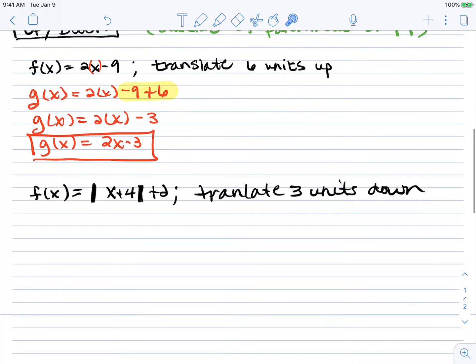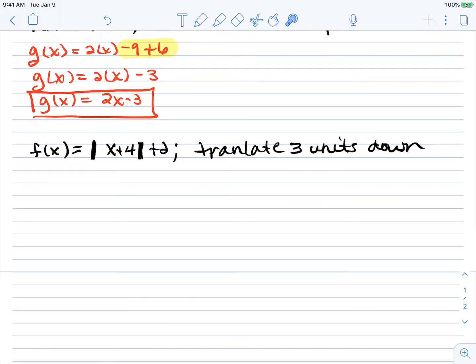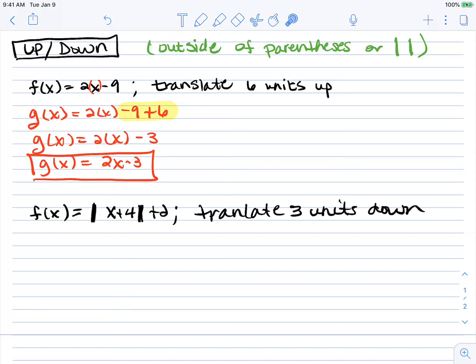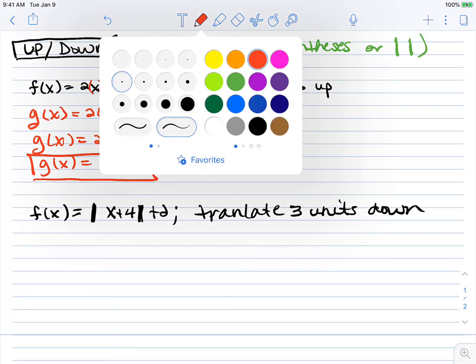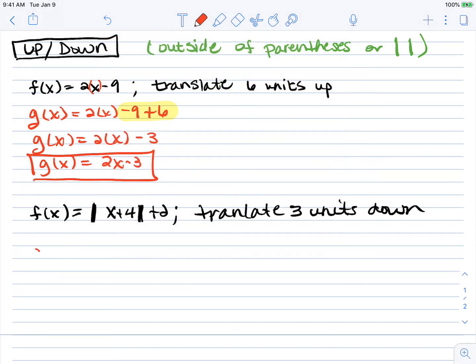Okay, we're going to do our last one, and we have an absolute value function, and we're translating this 3 units down, and above up here, this says that anything that's been translated up or down is outside of parentheses or the absolute value brackets. And in our case, we have absolute value brackets. So I'm going to translate this 3 units down and rewrite my function as my new guy with my translation.